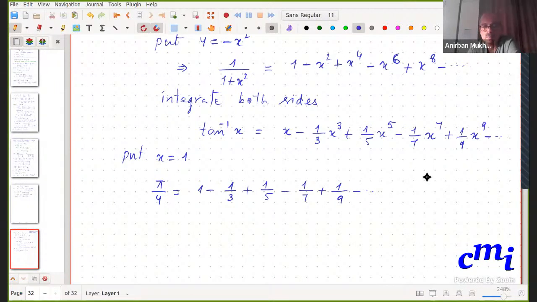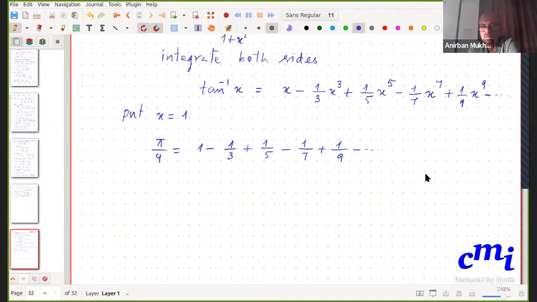Just assume for the moment that it can be done. We won't get into the analysis now. It's clear that the series on the right hand side, this alternating series of reciprocals of odd numbers, is convergent. So there is not much of an issue. So this is a proof. It's a simple proof, just hiding a few details.